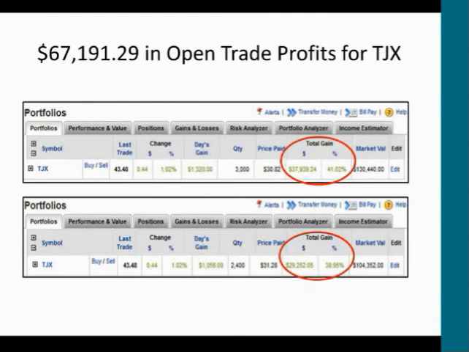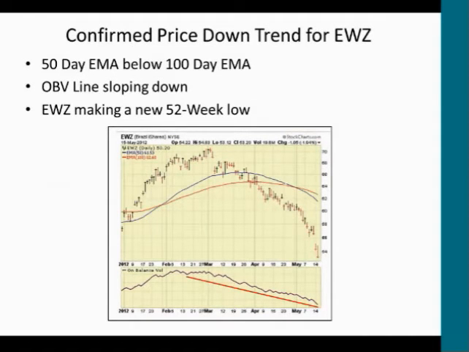So I have this in two of my portfolios, and currently have a $67,000 open trade profit for TJX stock. And at the same time, I've been profiting by selling call options each week. For TJX, I've been selling the Brazil call options. And here's a snapshot of the Brazil index.